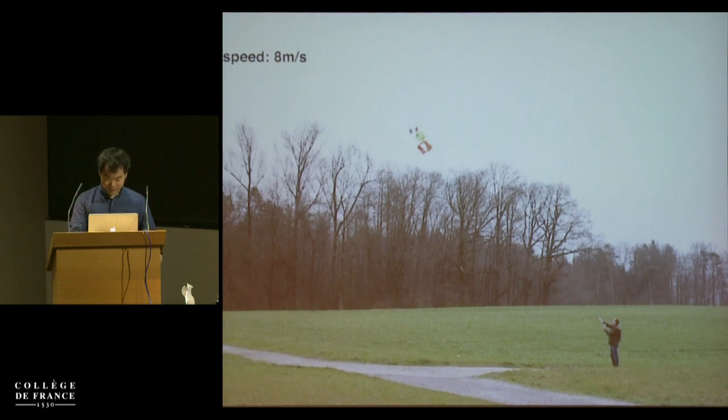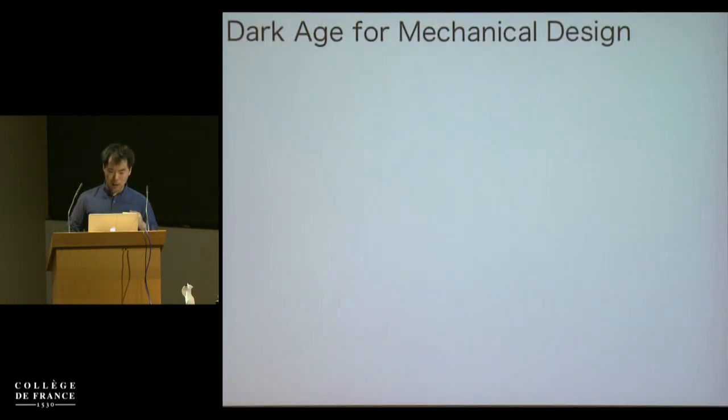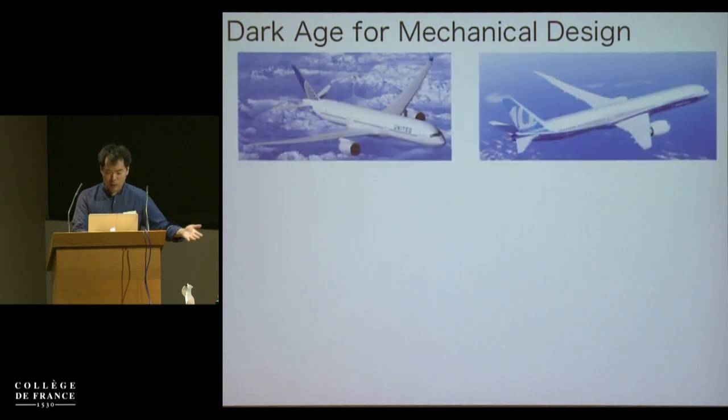Okay. So here is the summary. I'm from a mechanical engineering department, where I did my master's and undergrad. But I was very concerned about recent product design or mechanical design.